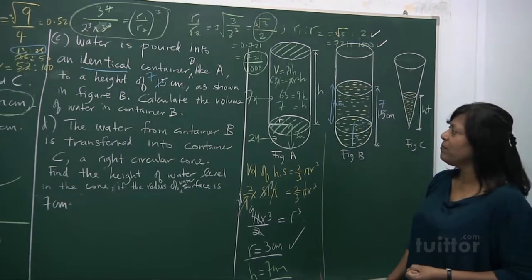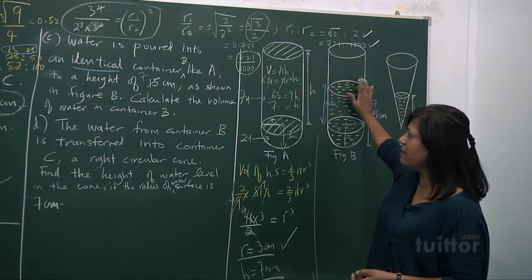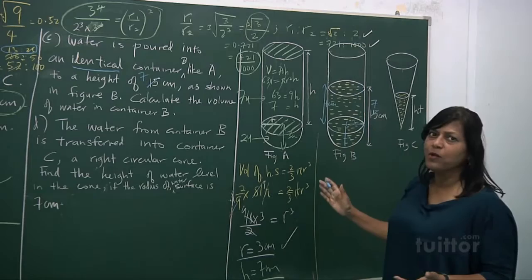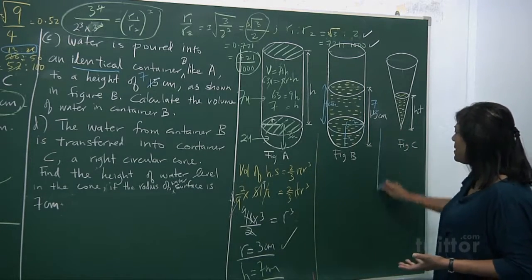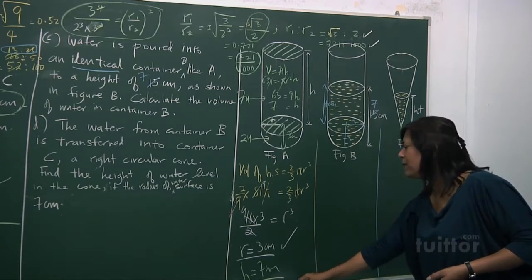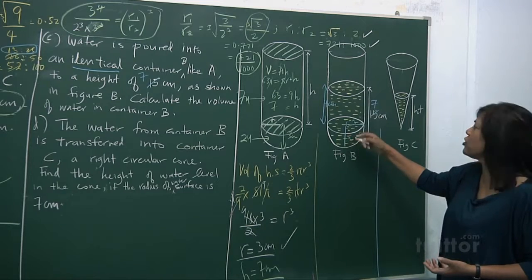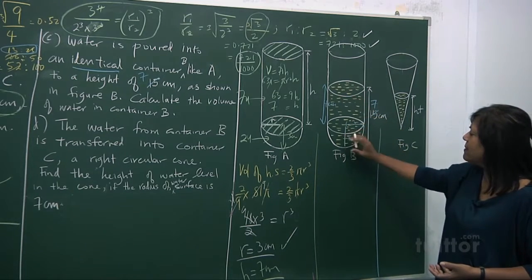So the water is poured into this container, the same container here, and they ask us to find the volume of the water. Now that makes it a lot easier to find the volume of the water. The volume of the water is made of two shapes. It's a cylinder and a hemisphere.